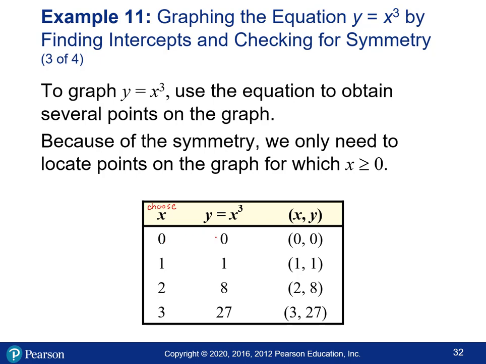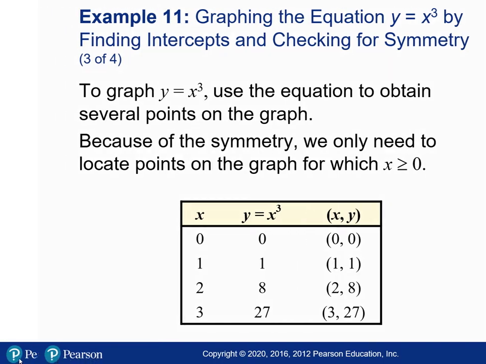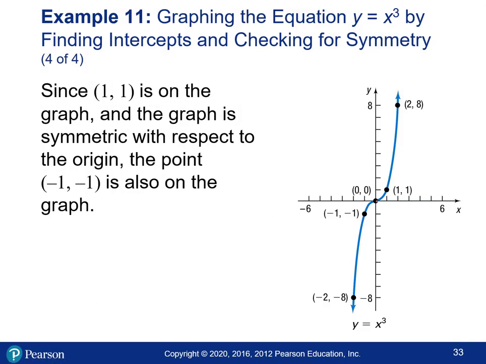So if I plug in 0, 0 cubed is 0, 1 cubed is 1, 2 cubed is 8, and then 3 cubed is 27, 3 times 3 times 3. And so I have those 4 points. If we plot those 4 points, or at least the first 3, because it's kind of hard to see the last one, (0, 0), (1, 1), (2, 8), then we can use the symmetry through the origin to find the remaining points.